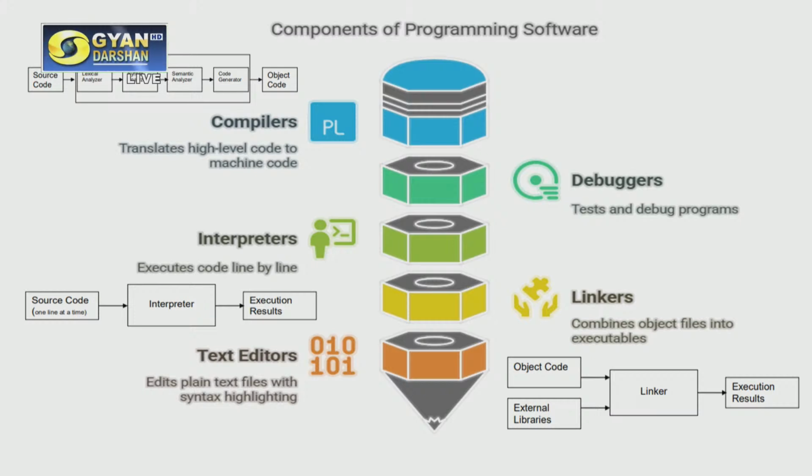Further, we have the debuggers and the text editors. The debuggers are used to test and debug programs, to get the program bug-free, free from errors. And we have n number of editors, like the VI editor, and different types of text editors are available, which help the programmer to develop programs.